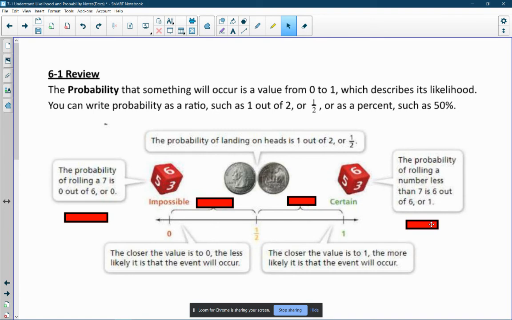If there's a 100% chance, we say it's certain. Now, when we look in between, if it's closer to 0, we'd say unlikely. If it's closer to 1, we say likely, right? So if there's, say, a 2 out of 10 chance, oh, that's unlikely. If there's an 8 out of 10 chance, then we say that is likely. So 2 big words today, right? Probability, what's the likelihood of something happening, and what are the different outcomes when we do something, okay?